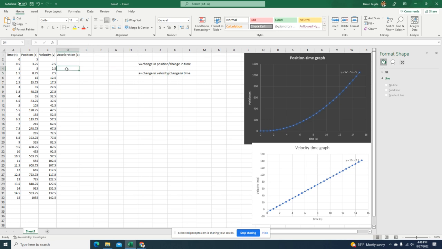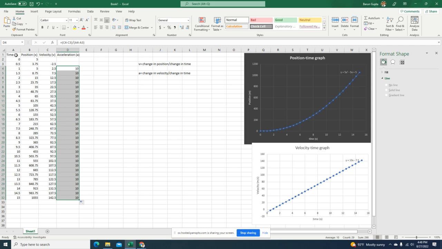In order to do that, this is my change in velocity. The change in time would be this minus this. So this gives my acceleration. And once I have it, you simply have to click it and then drag it. So that is my acceleration.